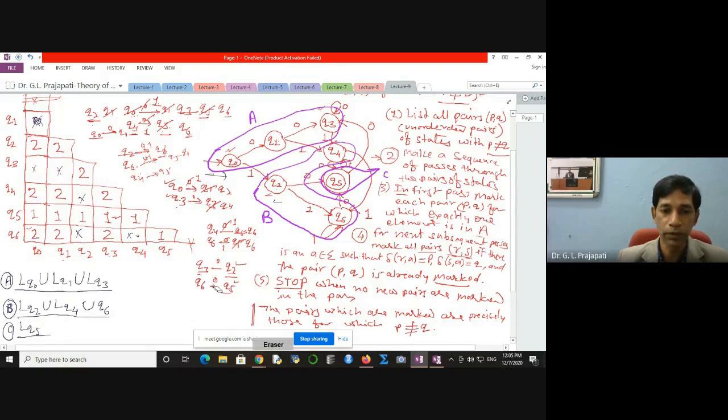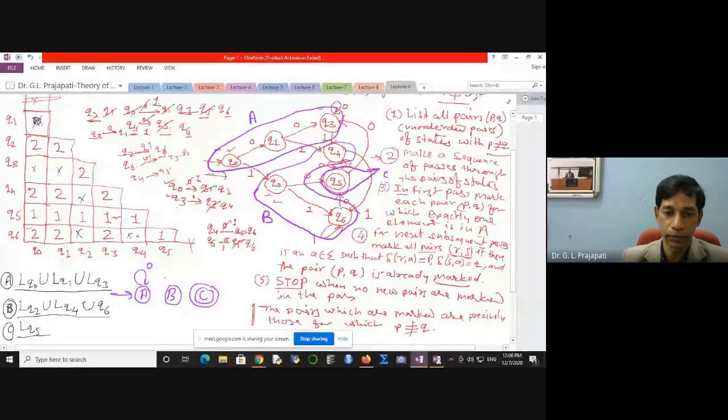Your given FA had 7 states, but using the table filling algorithm you come to know that this FA should have 3 states: A, B, and C, where C corresponds to the final state and A is the initial state. Now you can construct the FA.